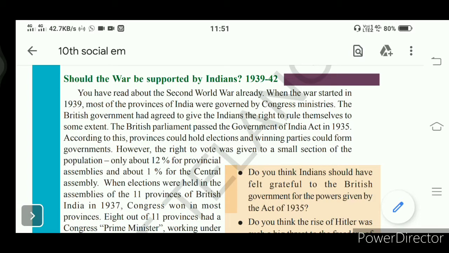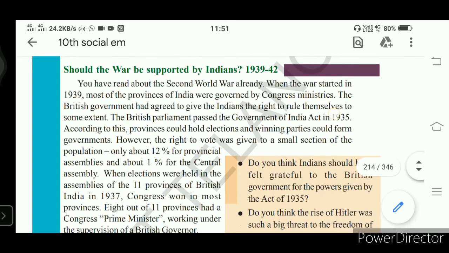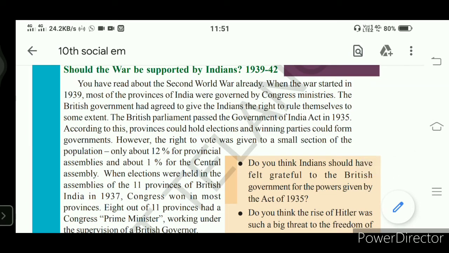At the time this act was passed to appease, means to make Indians happy. What is there in Government of India Act 1935?